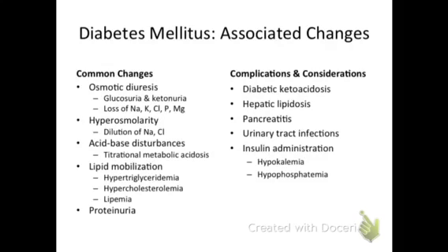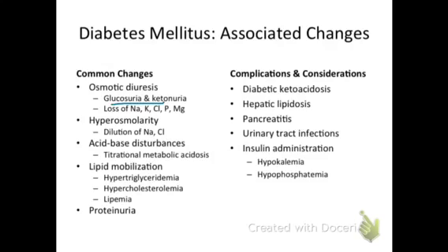These are lists of associated clinicopathologic changes that may occur with diabetes mellitus. Glucoseuria and ketonuria can cause osmotic diuresis and subsequently a decreased urine-specific gravity and urine electrolyte loss.